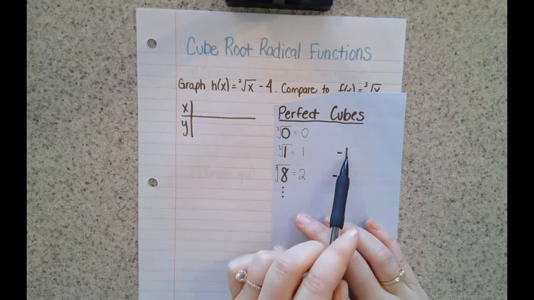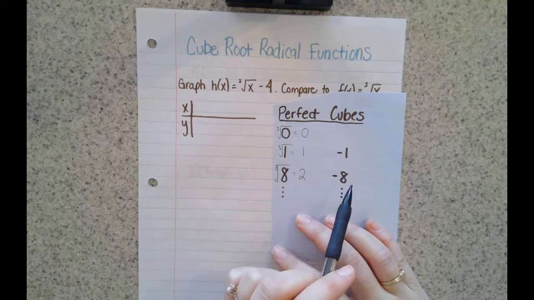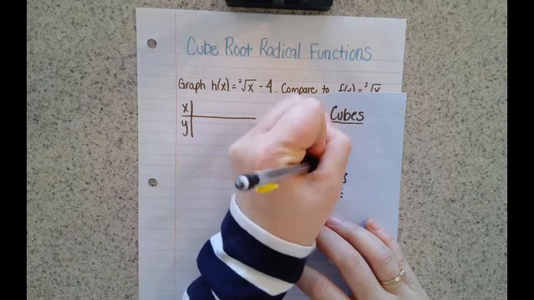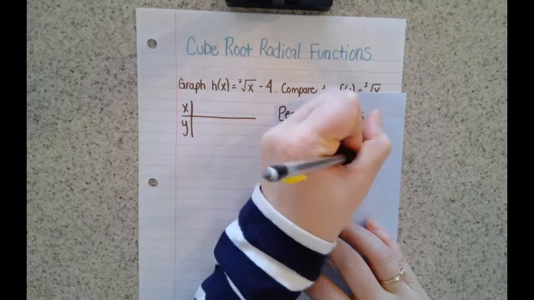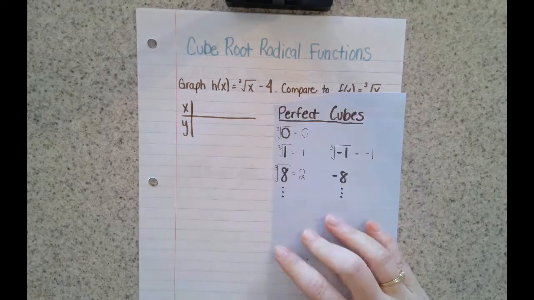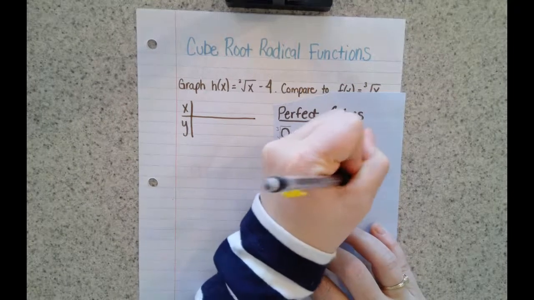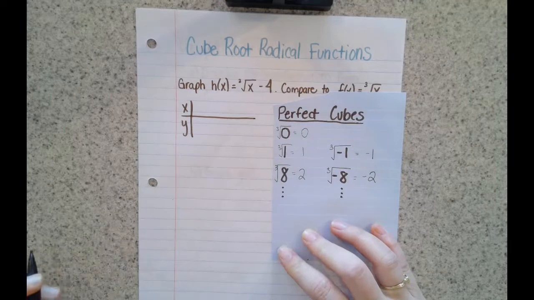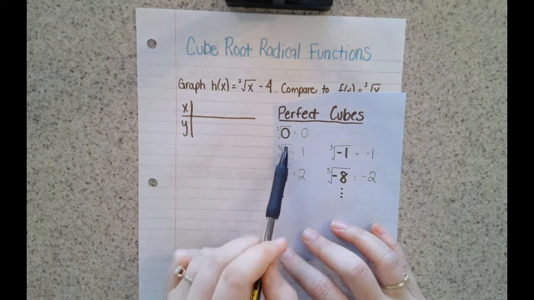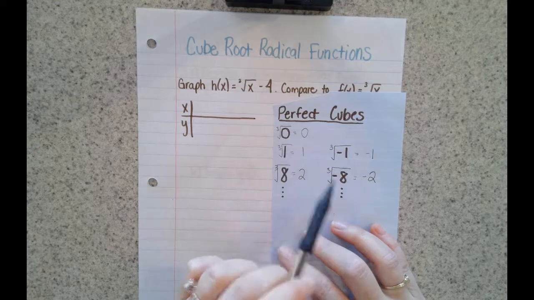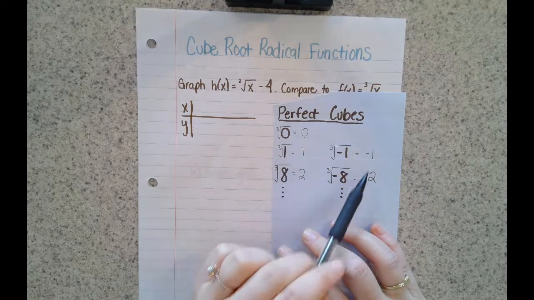Again, today we can put negatives under our cube root. The cube root of negative 1 is negative 1, and the cube root of negative 8 is negative 2. So these are the types of inputs I'm going to be going for so I can get whole number outputs.